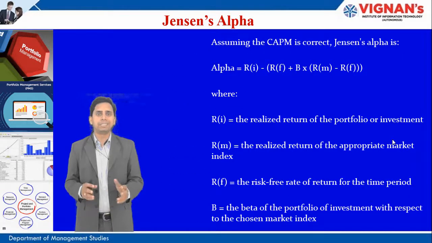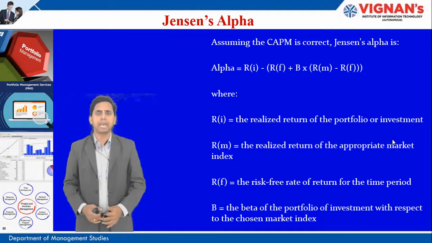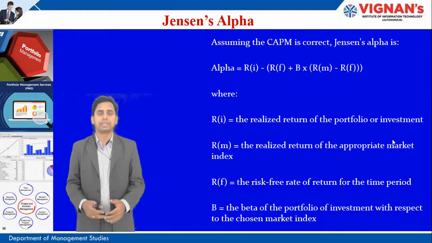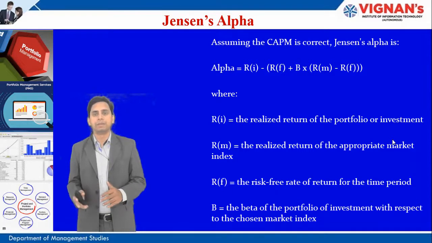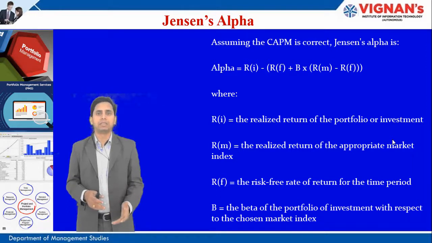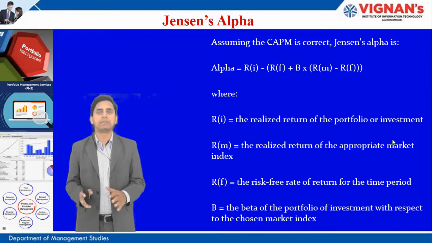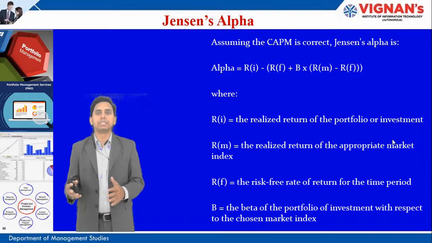Now we'll see what Jensen's alpha is. Assuming that the capital asset pricing model is correct, Jensen's alpha can be written as Ri minus [Rf plus B multiplied by (Rm minus Rf)]. Rf is the risk-free rate of return, and Ri is the return on a portfolio. So Ri minus Rf is the risky return, the return achieved for the risk we are taking.